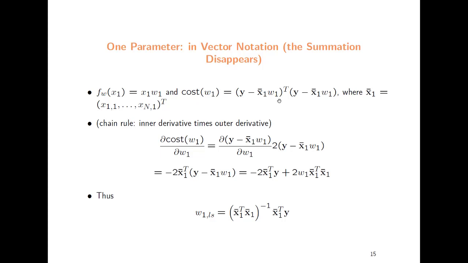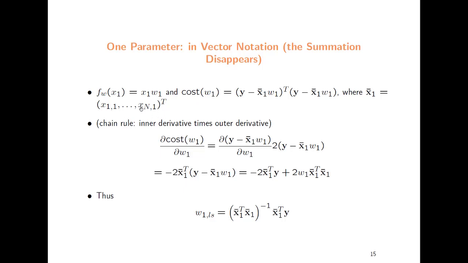You just have to pay attention to where you put the transpose, and I will show you the rules in a second. So we get 2 times this expression, and then the derivative of this difference of vectors with respect to the w's, and this becomes the difference vector multiplied by x1 transposed.